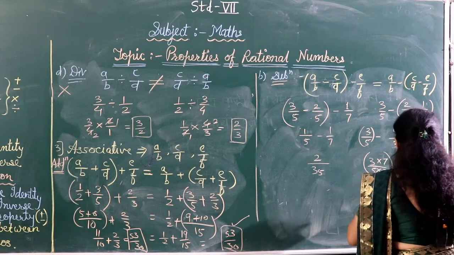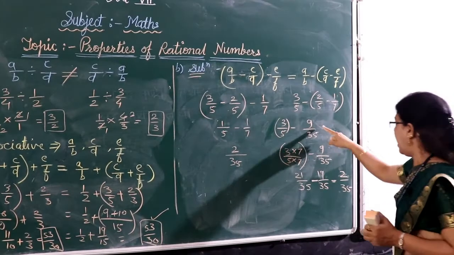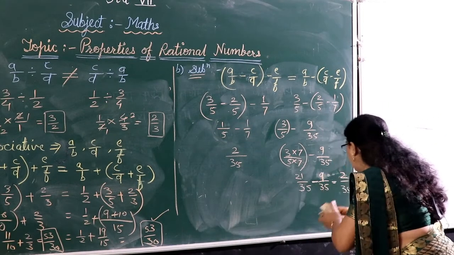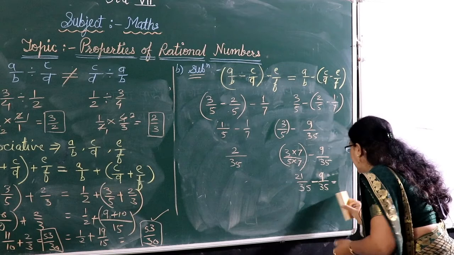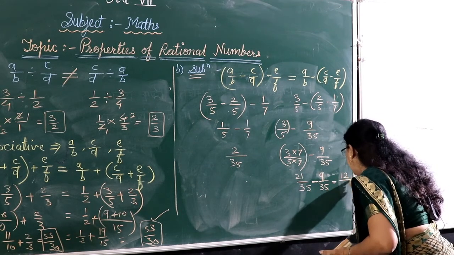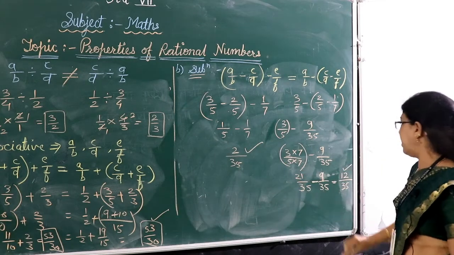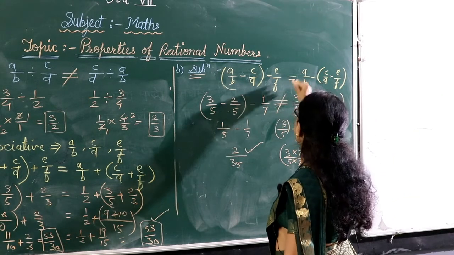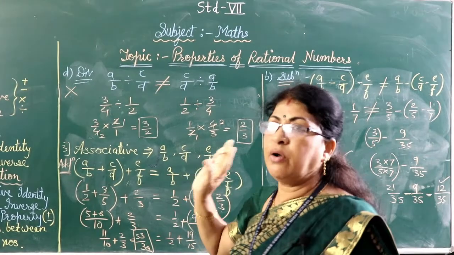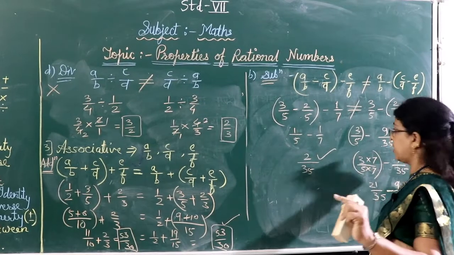Now from 21 when you subtract 9, you get 12 upon 35. Are they equal? This is 2 upon 35, this is 12 upon 35. They are not equal. Means we can say subtraction of rational numbers is not associative. These two sides are not equal.